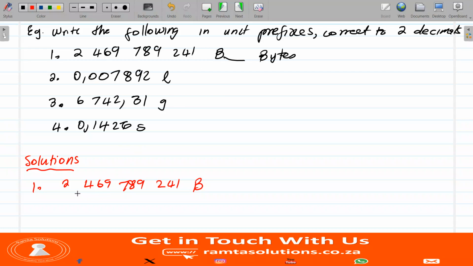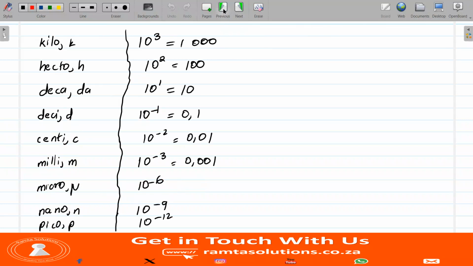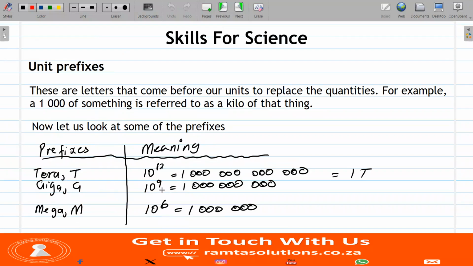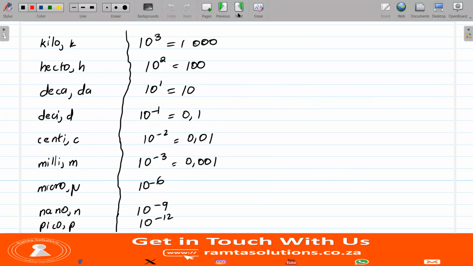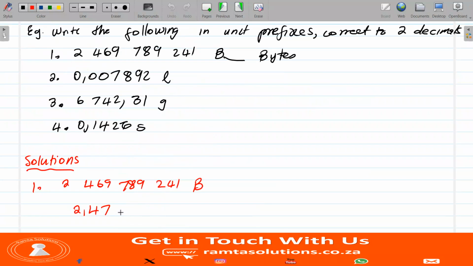Correct to 2 decimal places, this is 2.47. Now 9 places, you're gonna look for the prefix that corresponds to 9. It's giga. So this is gonna be 2.47 gigabytes.